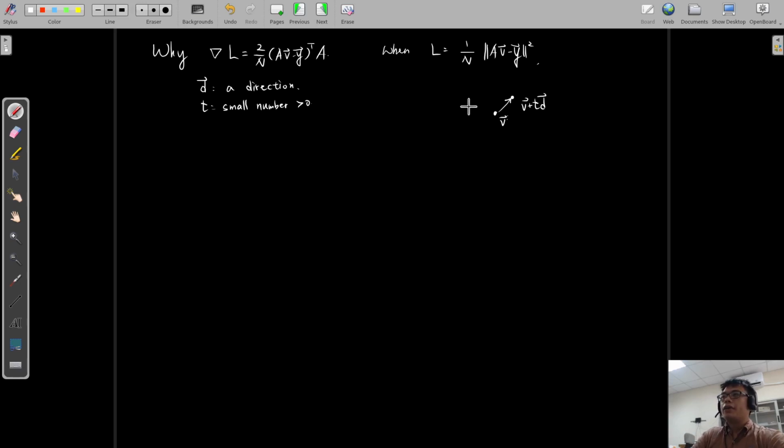And we are trying to calculate the function L of v and L of v plus td. We want to see the difference.